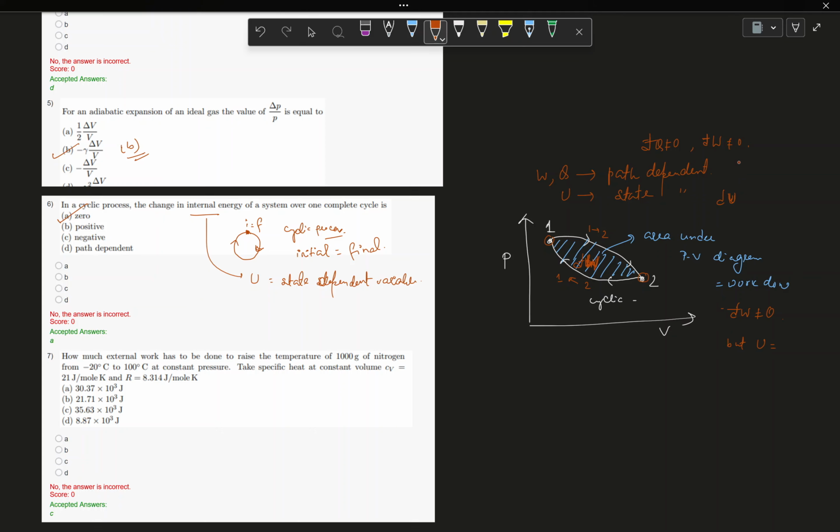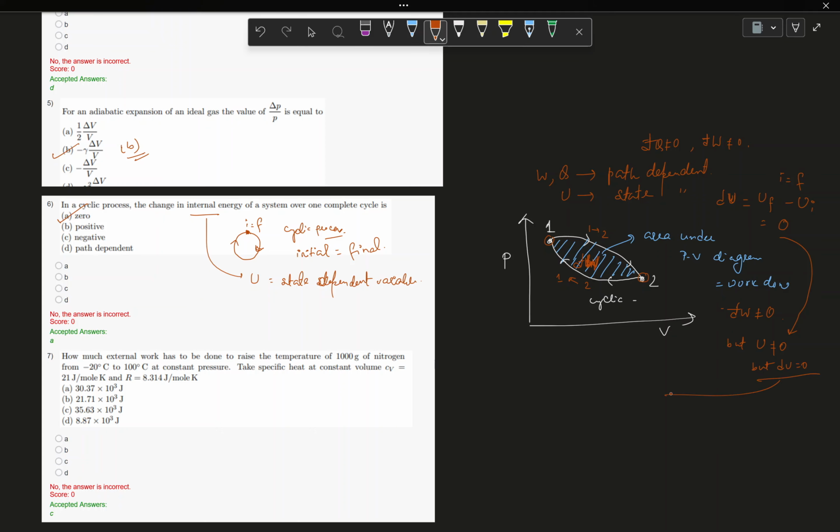So when you are coming back to the same point, that means it is a state dependent quantity, so your final point value minus your initial point value has to be taken. So in this cyclic process your final U is Uf minus your initial U is Ui, and because I and F are the same point, Uf equals Ui and this becomes 0. So U is non-zero but dU is equal to 0.